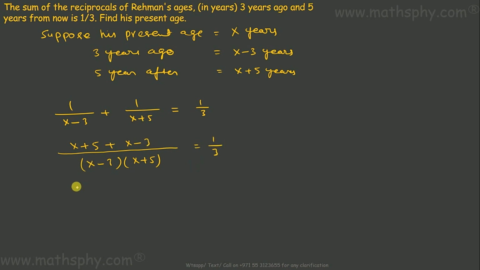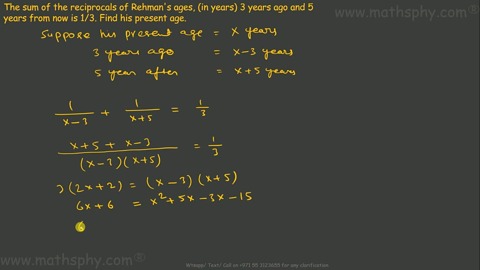So this would be x plus 5 plus x minus 3 over that, equals 1 over 3. So this would be 2x plus 2, into 3, equal to x minus 3 times x plus 5. This would be 6x plus 6 equals, let's multiply this together, x square plus 5x minus 3x minus 15. So 6x plus 6 equals x square plus 2x minus 15.